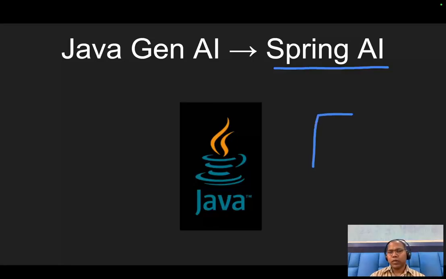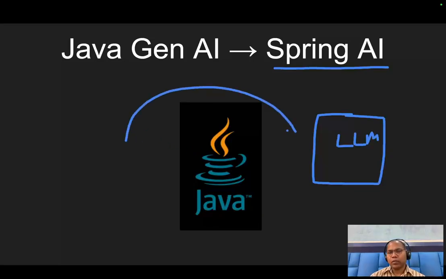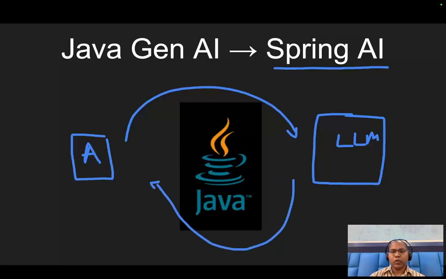Whatever LLM model we use, whenever our application sends a request, the application sends a prompt and Gen AI responds. Great. If the application asks another question, Gen AI responds again.